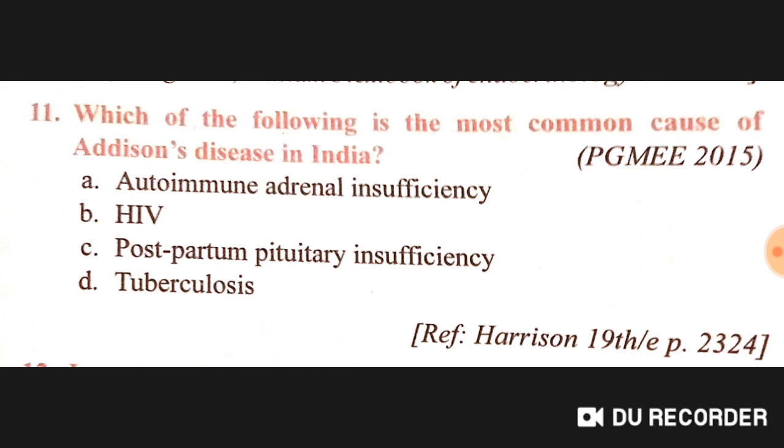But in Addison disease, that is primary hypocortisolism or hypoaldosterone secretion or adrenal insufficiency, the most common cause in India is tuberculosis, TB. Even we have the same patient. So TB is the most common cause of Addison disease in India.